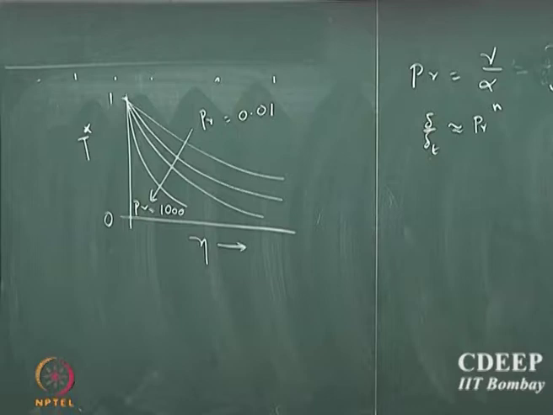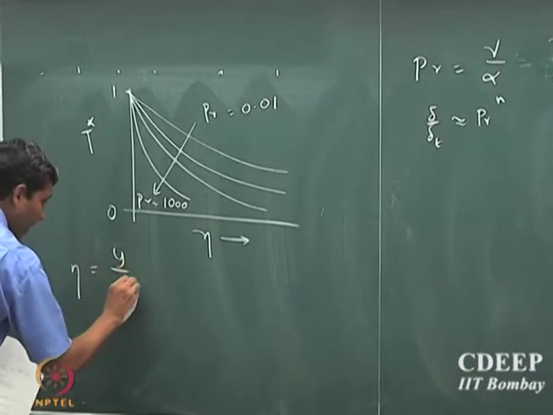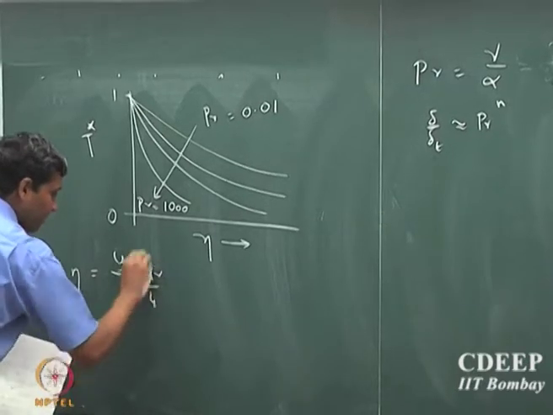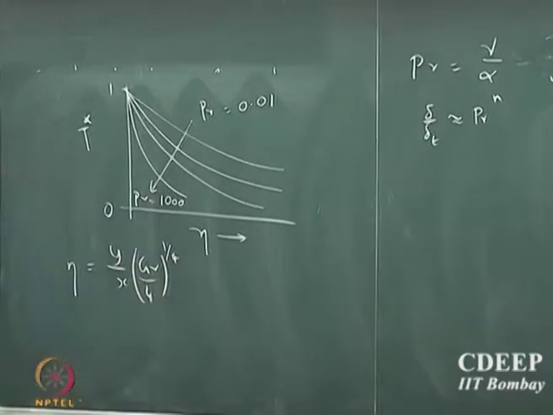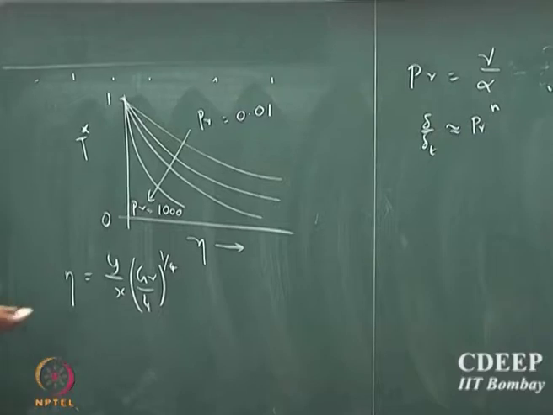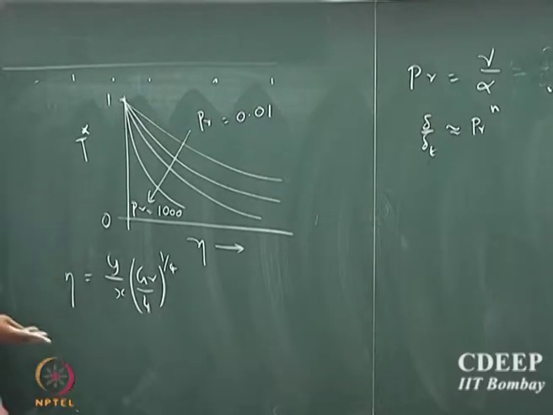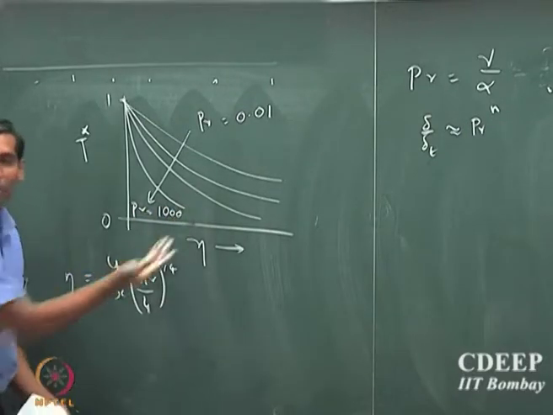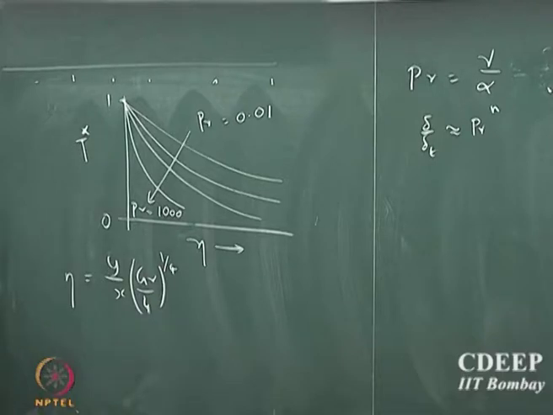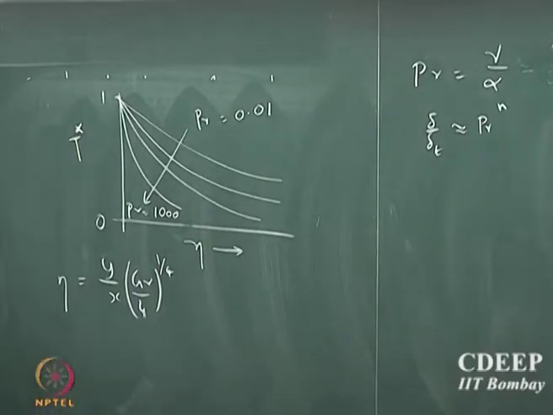So when Prandtl number is very large, the thermal boundary layer thickness is very small. Remember, look at your scaling variable eta. Eta is y by x into Grashof number by 4 to the power of 1 by 4. So when the boundary layer thickness is very small, obviously eta is very small, so the whole temperature profile has to be captured at a very small value of eta. Okay. So that's the reason why it falls very quickly for a large Prandtl number.